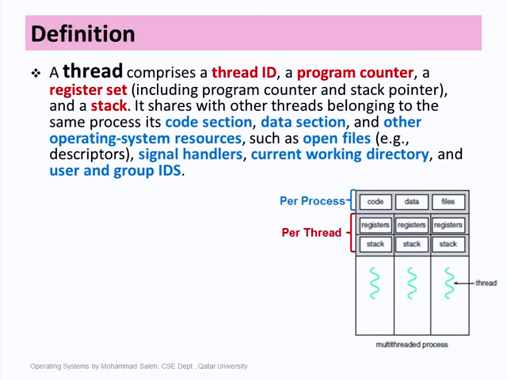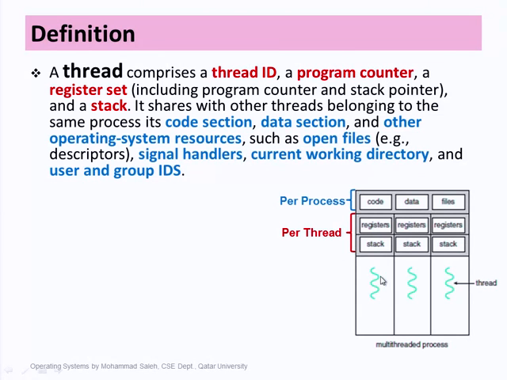The process itself has its own code, its own data, and its own OS resources that are allocated to it, including open files. It has its own scheduling information. But also, it has multiple tasks, each represented by a thread, where the thread has the information shown here in red.